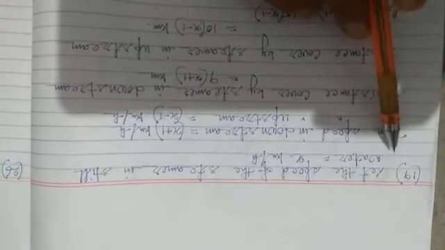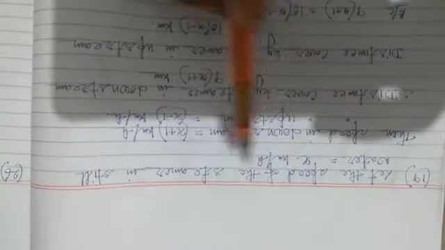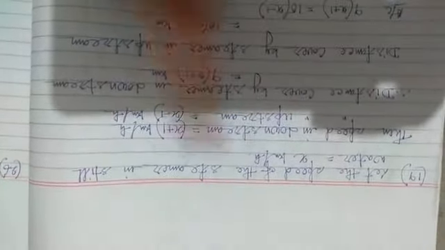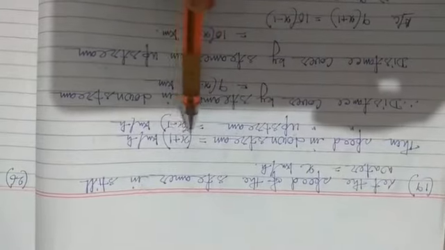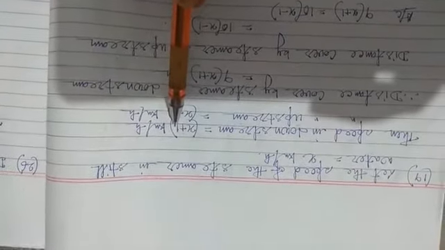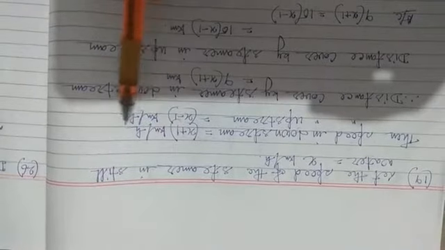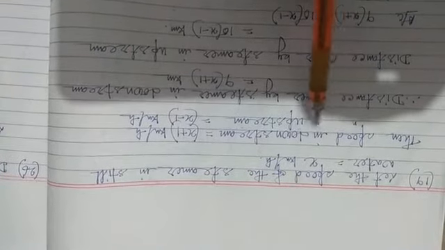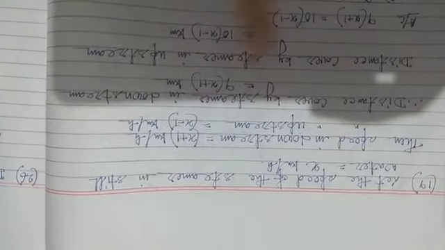Question number 19. Let the speed of the steamer in still water equal x kilometer per hour. Here the speed of the stream is 1 kilometer per hour. So the speed in downstream equals x plus 1 kilometer per hour and the speed in upstream equals x minus 1 kilometer per hour.